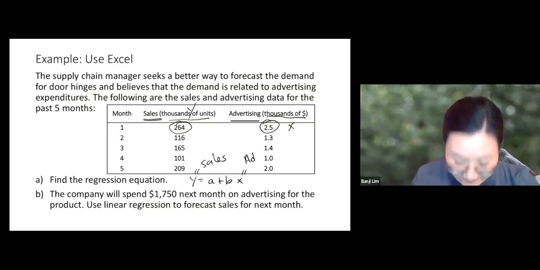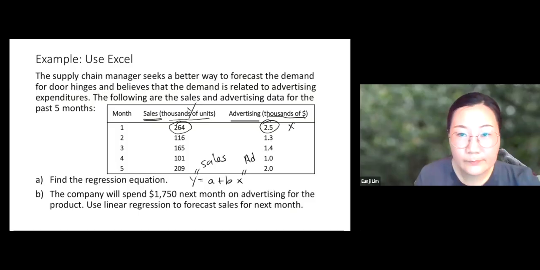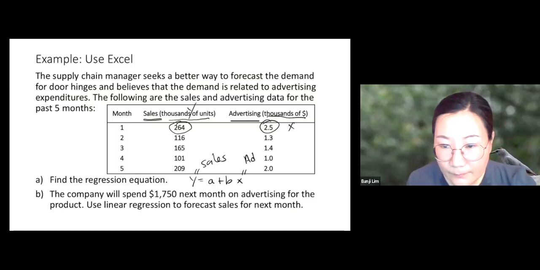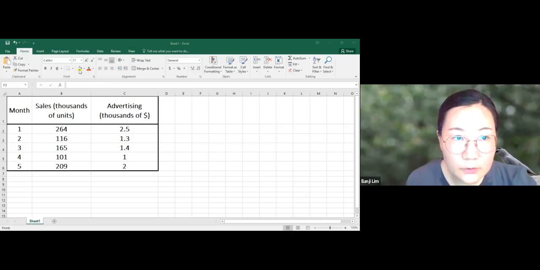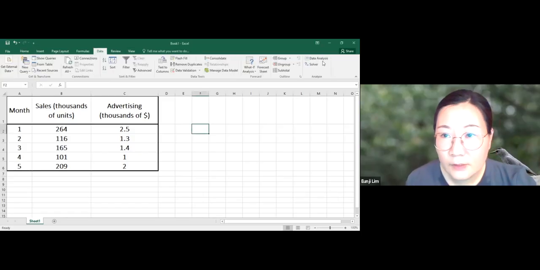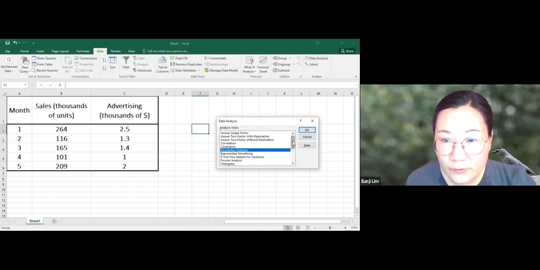Okay, so this is your Excel. If you go to data and you see data analysis, and if you scroll down, you see regression. Click OK.